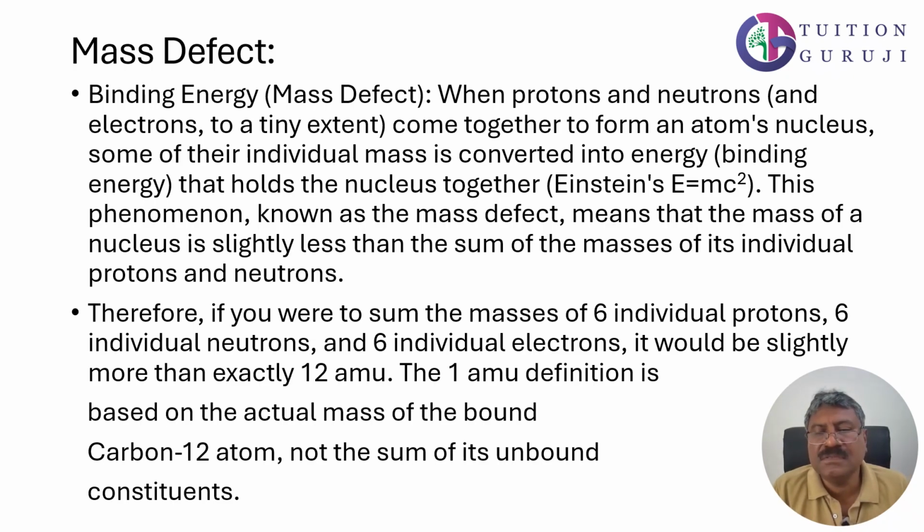Therefore, if you were to sum the masses of 6 individual protons, 6 individual neutrons and 6 individual electrons, it would be slightly more than exactly 12 AMU. The 1 AMU definition is based upon the actual mass of the bound atom. It is 1/12 of a carbon-12 atom, not the sum of unbound constituents.